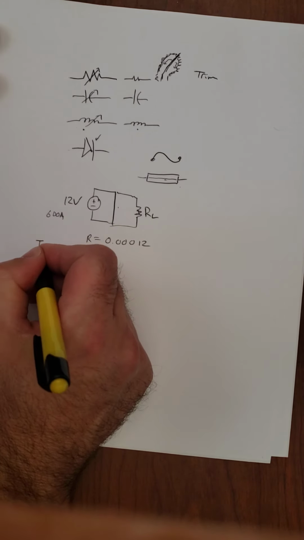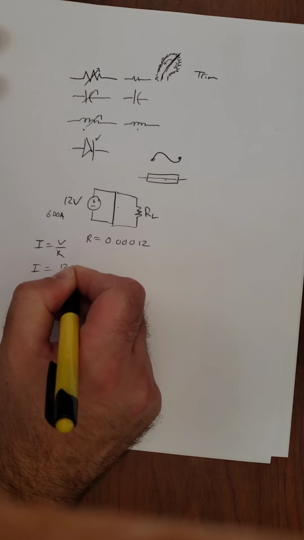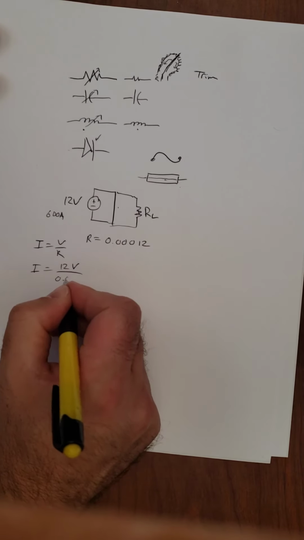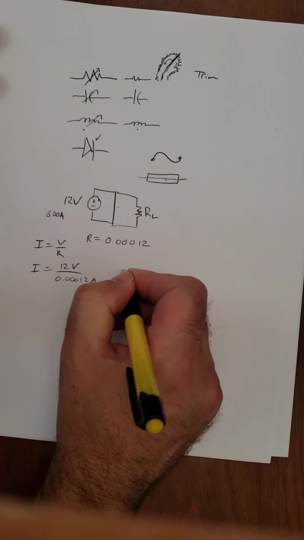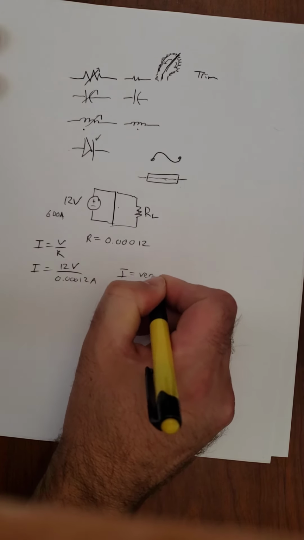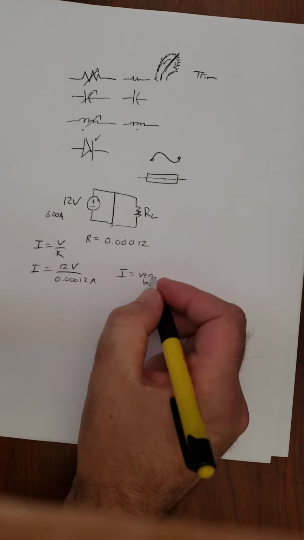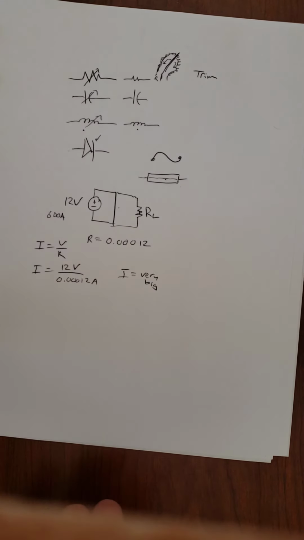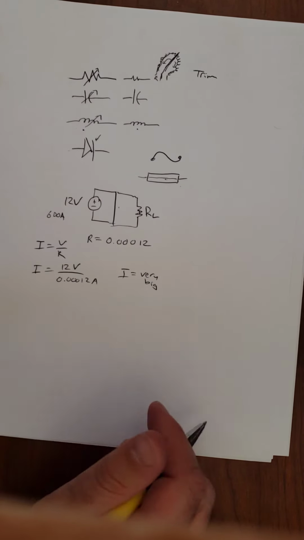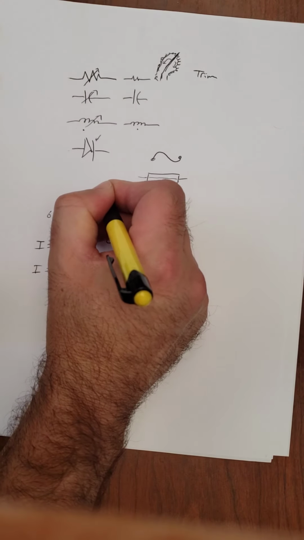If we look at what current flows through there, 12 volts, you can see that I is very big. When we think about running high currents, that's a good way to get a fire, having lots of current. So instead of allowing that to happen, what we do is we put a fuse in here.